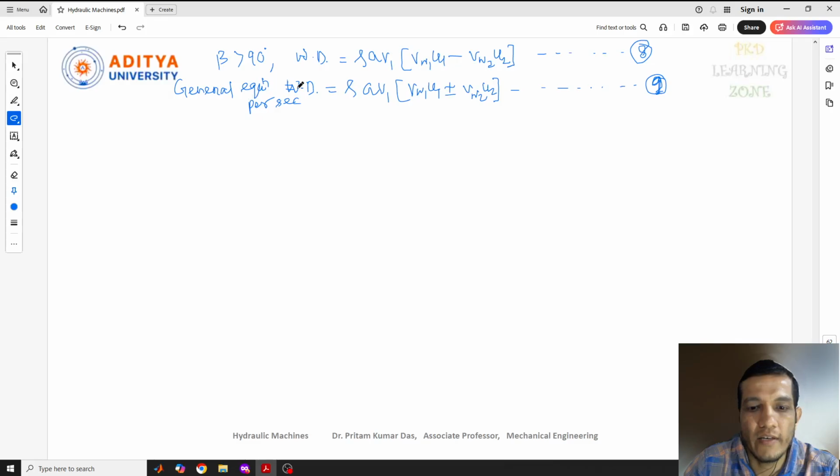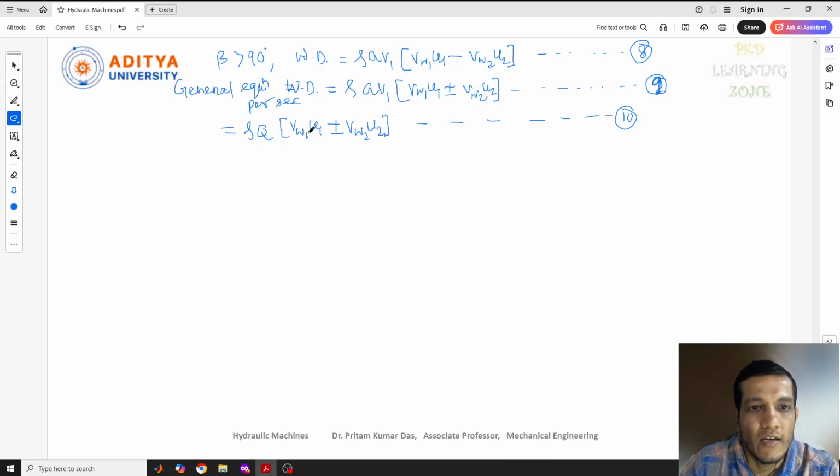Now in this equation, we can write another terminology. In place of av1, I can write Q, or Q1, there is no difference. So here we can write v w1 u1 plus or minus v w2 u2, close the bracket, and this we can call equation 10. This equation represents the energy transfer per second to the runner.